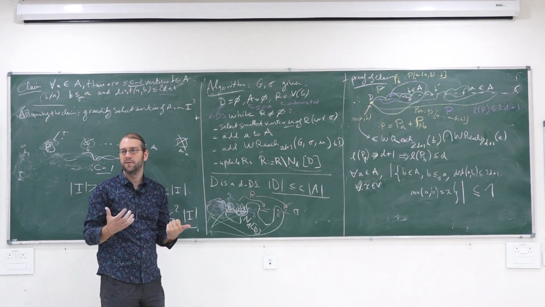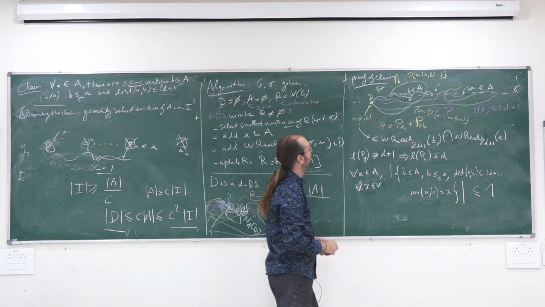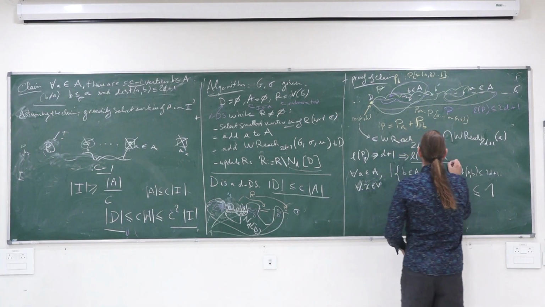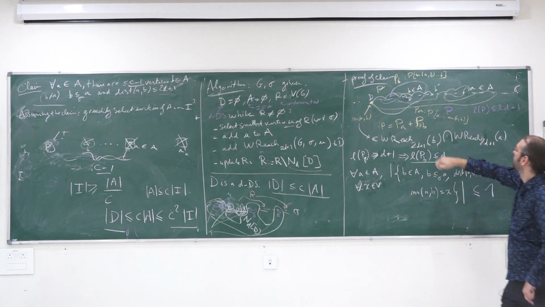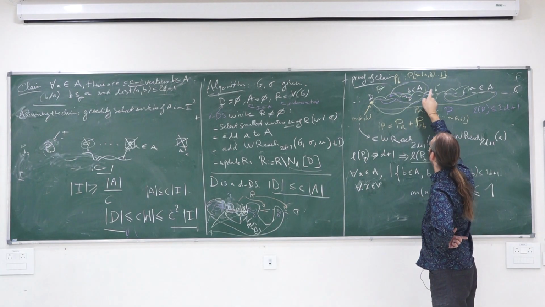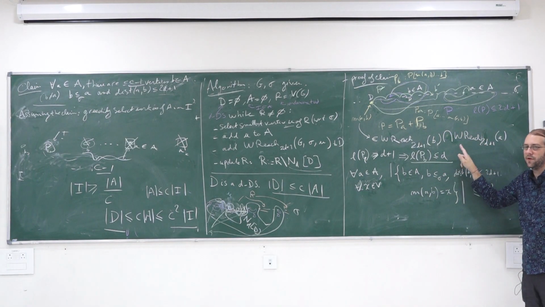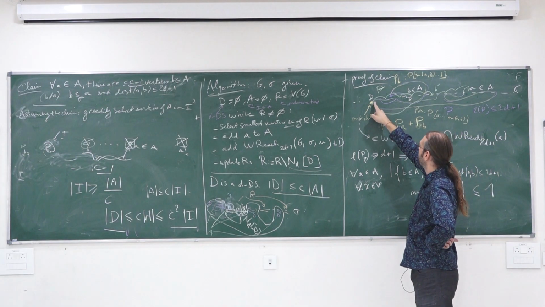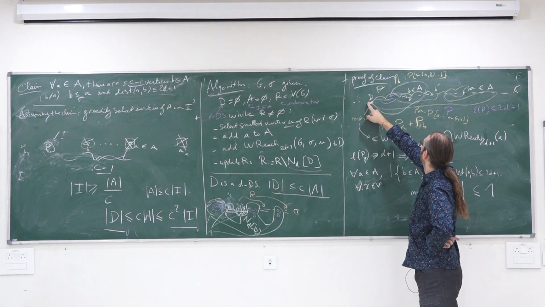But then same argument as before. Because of this, we know that this path between this and B prime is small. This is at most D. That's what I proved before. So when I included this guy in A, I know this guy is in the dominated set.